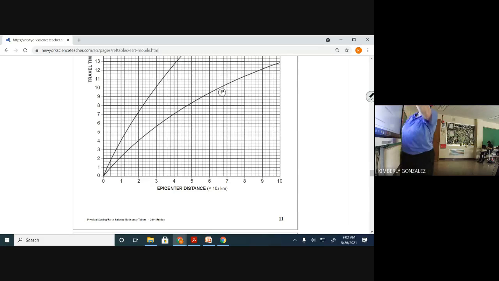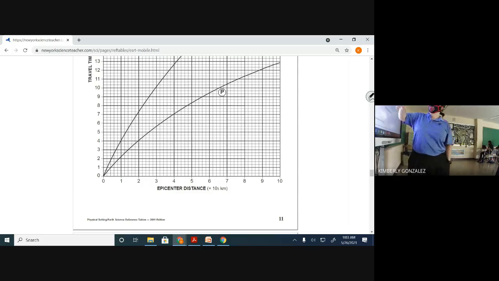Each notch on the y-axis is worth 20 seconds. Each line on the bottom is worth 200: 1,000, 1,200, 1,400, 1,600, 1,800, 2,000.